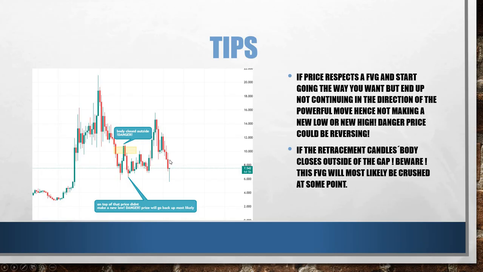Is it going to make new highs? We don't know yet, but putting a buy here below $6, below the liquidity pool at the bottom of the FVG, you would have been making 30% in the day. I believe that was 30%.